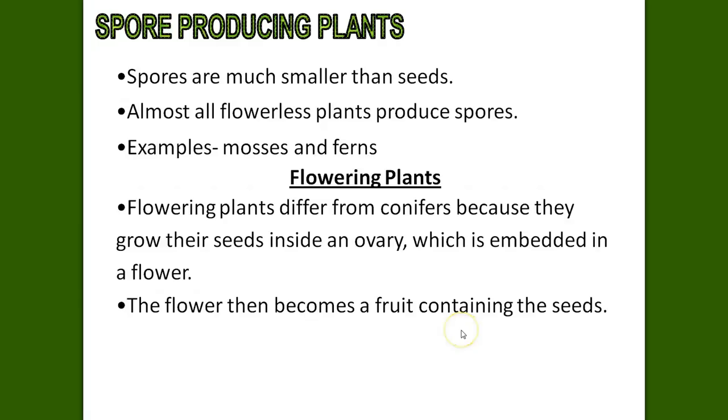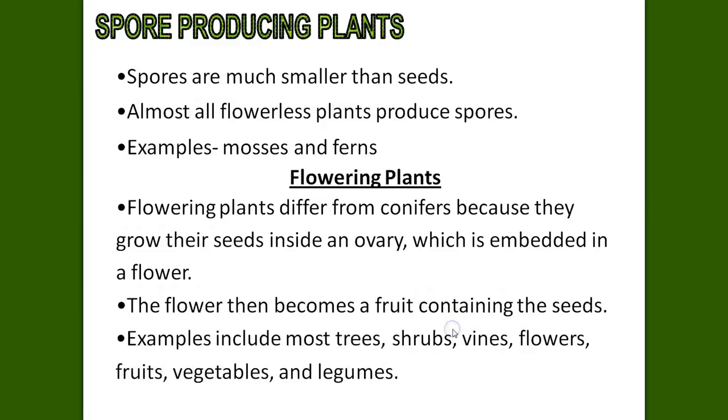We know that because we wrote all of our SpongeBob essays just about that. Examples include trees, shrubs, vines, flowers, fruits, vegetables, and legumes. Legume, beans, items that are like beans. All of the plants that are like beans, that have beans in them.